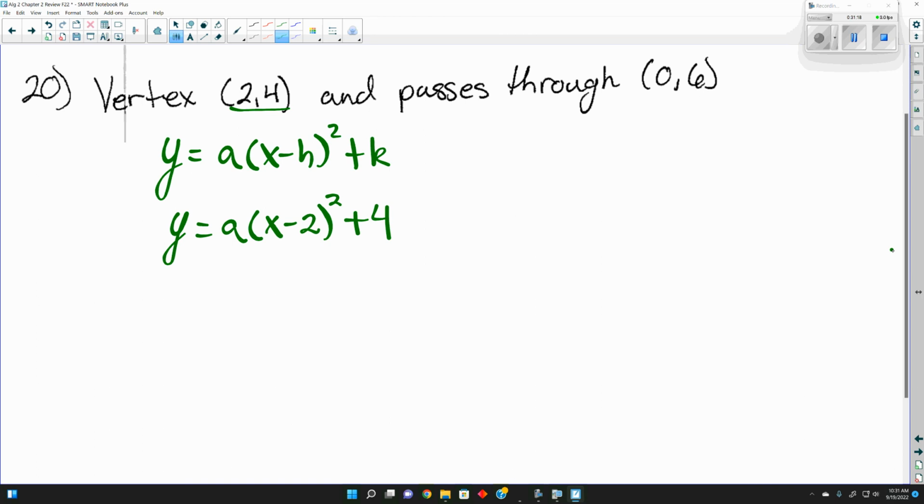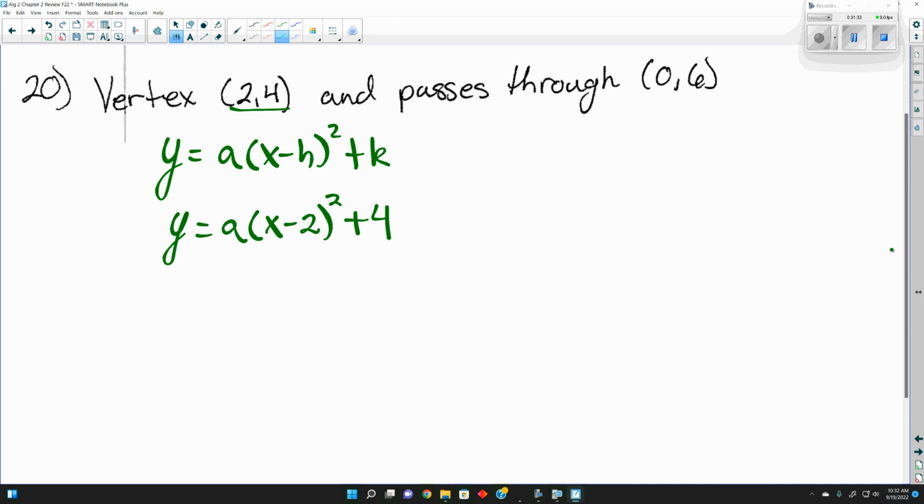We're 2/3 of the way done, aren't we? Because all we need to do is find the value of A. So I would at least write this down. Even if you don't get anywhere else, I would at least get to this point here. Because we're 2/3 of the way done, yes?